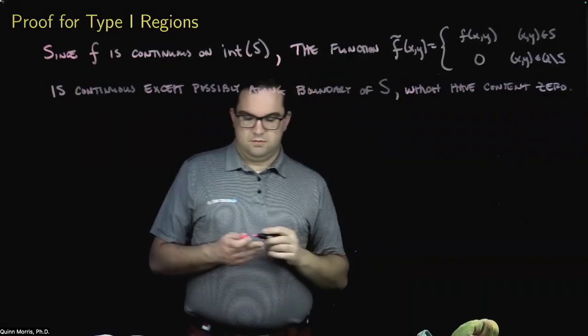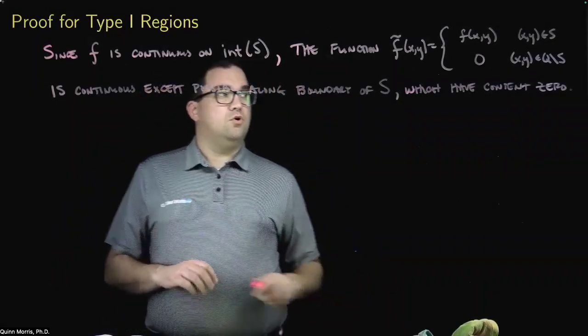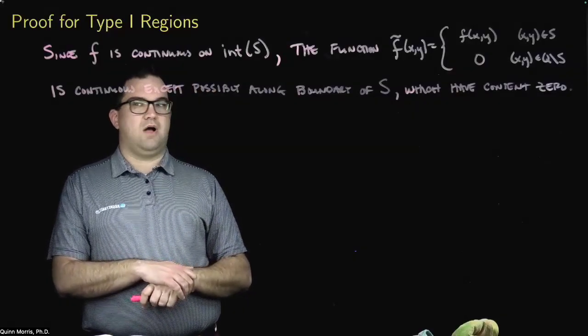All right. So what do we have? Now we have this function f tilde, which is continuous except possibly along a set of content 0.